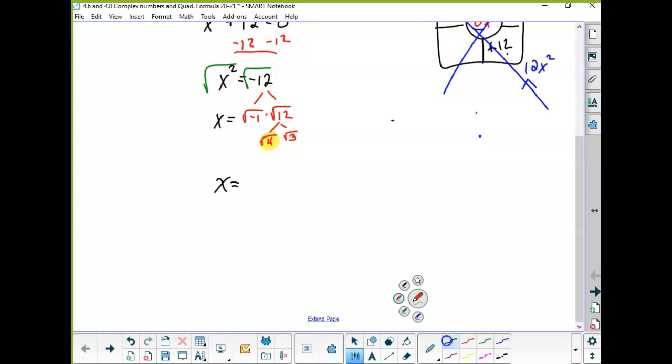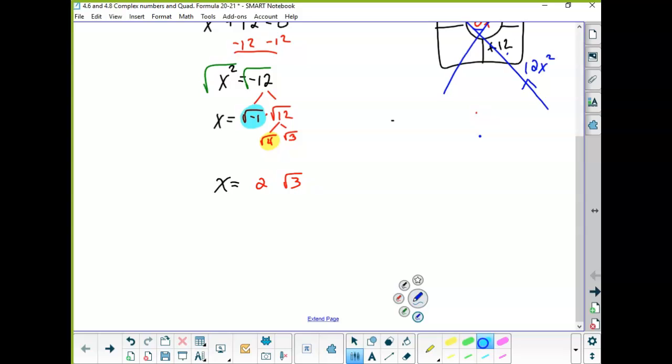Now, we know a couple of things. I know that the square root of 4 is actually 2. I can't break down the square root of 3, so we're going to leave it. But what about the square root of negative 1? That's the imaginary part. That negative is what told our calculator there's an error, no real answer. But there is an imaginary answer.